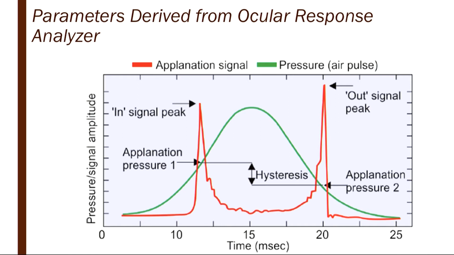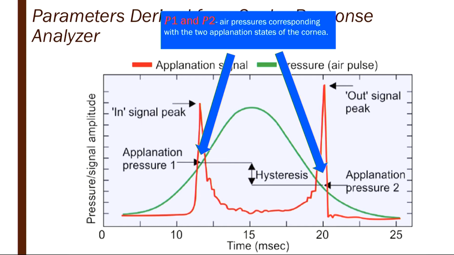And this shows the in signal peak, where the light is at the maximum, and then again the out signal peak, once the cornea is depressed, and then again when it's coming up, applanated, and then goes back to the normal position.